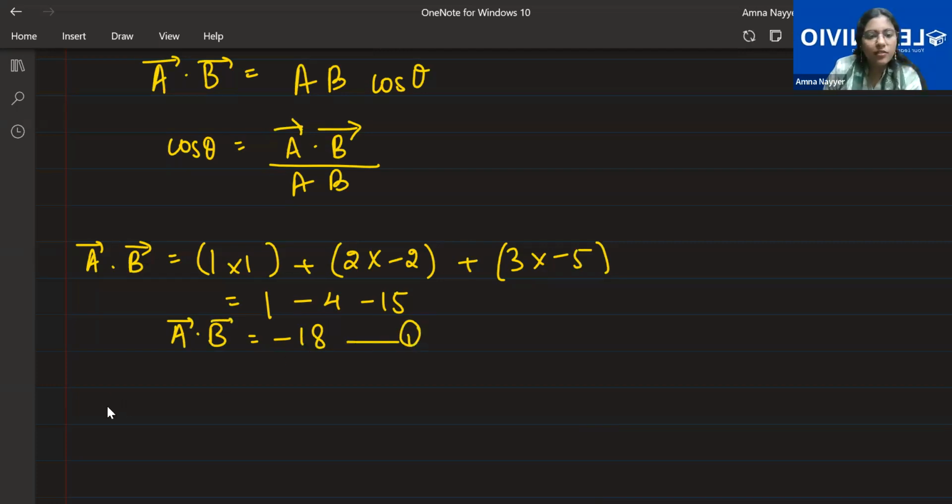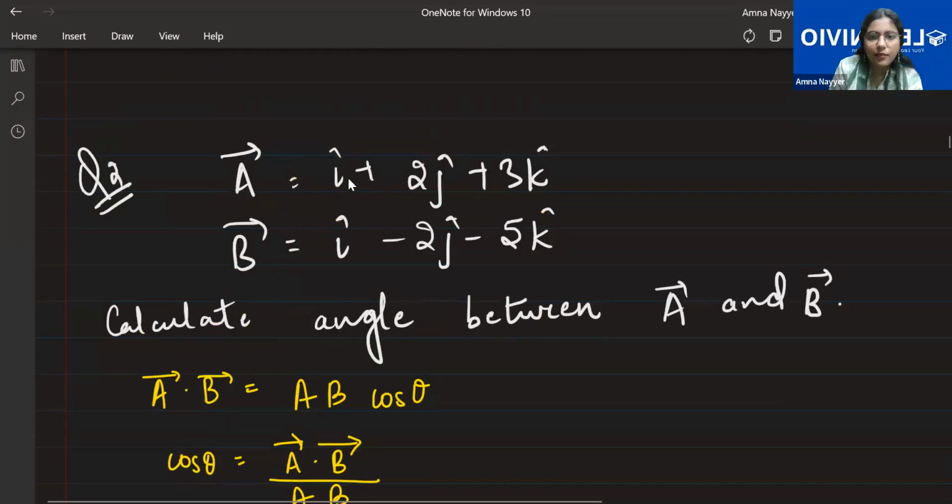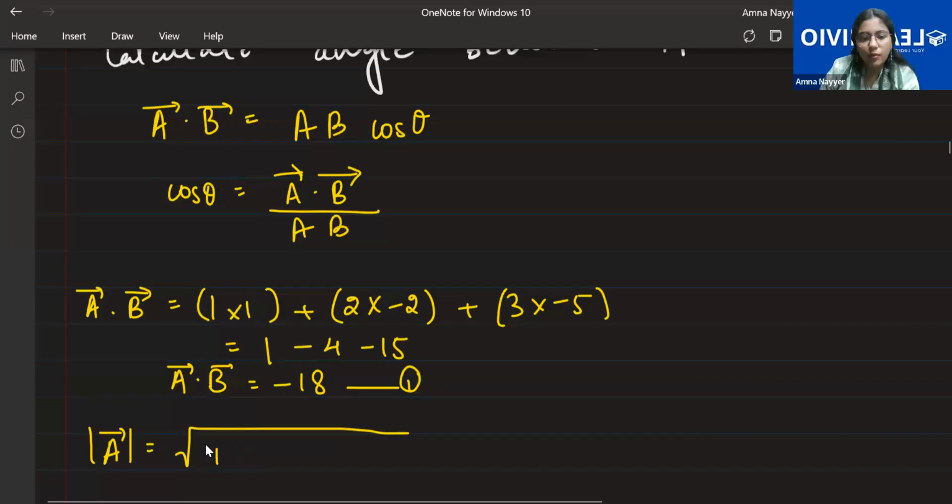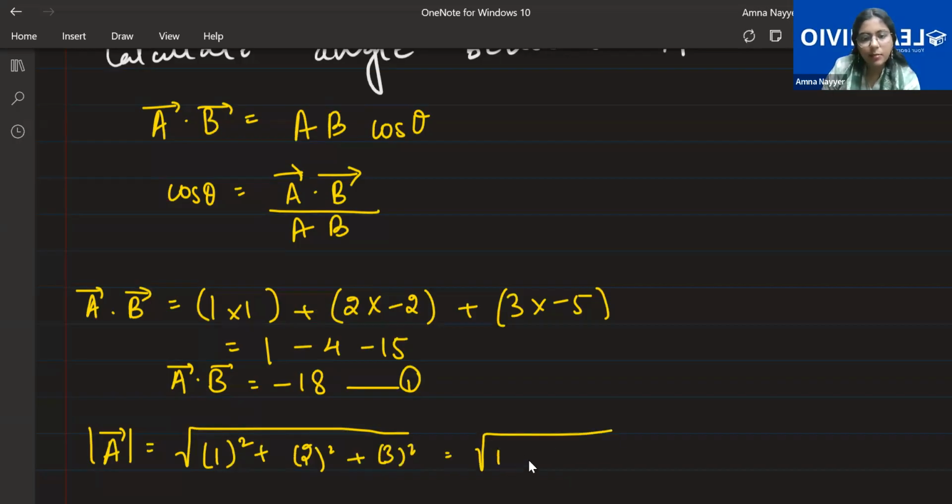Now the magnitude of A. Magnitude of A will be under root of 1 square plus 2 square plus 3 square, since A is 1, 2 and 3. This will be 1 plus 4 plus 9, that is root 14. Let's say this is equation 2.